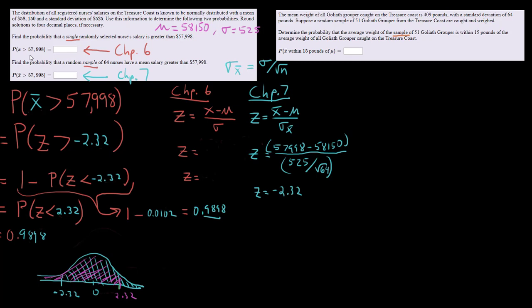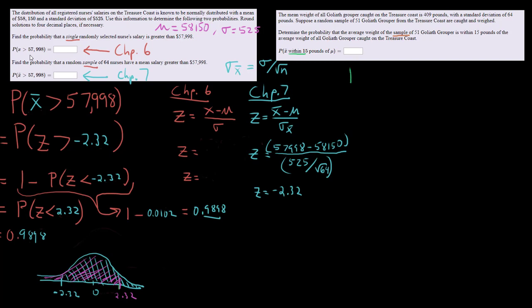Okay, so basically it's saying what's the probability that you're either 15 pounds above average, 15 pounds below average, or somewhere in between. So if we write that out in symbols, this word within means exactly what I just said: above, below, or in between.